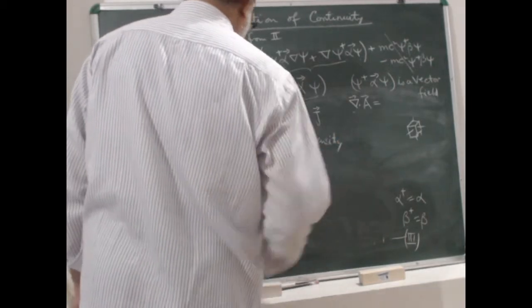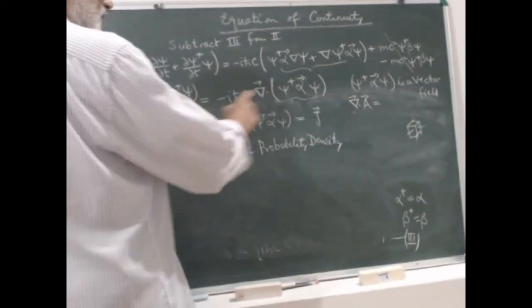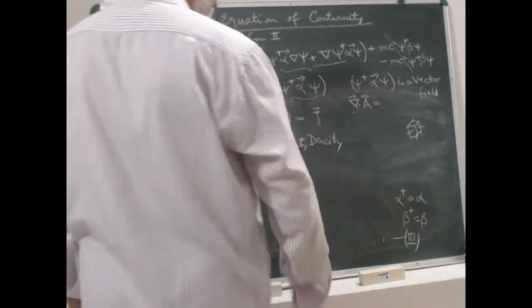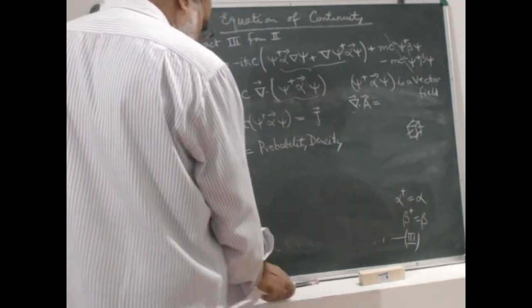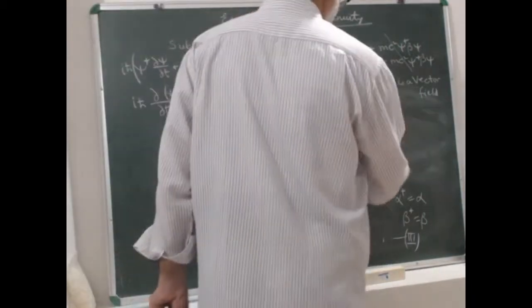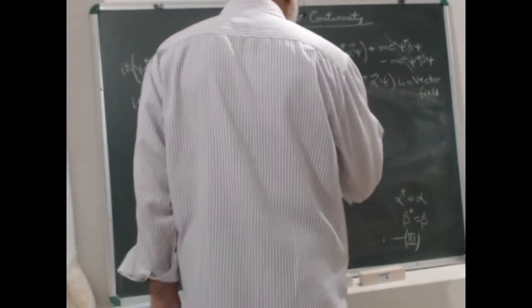So if this is a probability density, this is a probability current, that is the flux of the probability. This quantity J is the probability current.